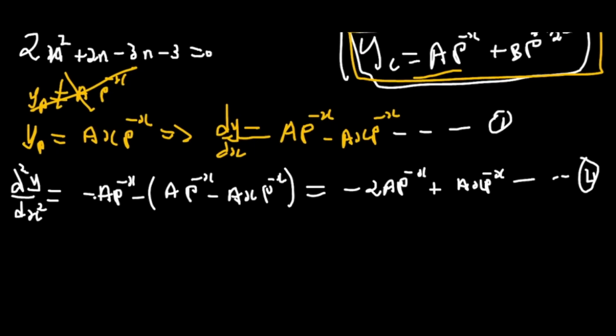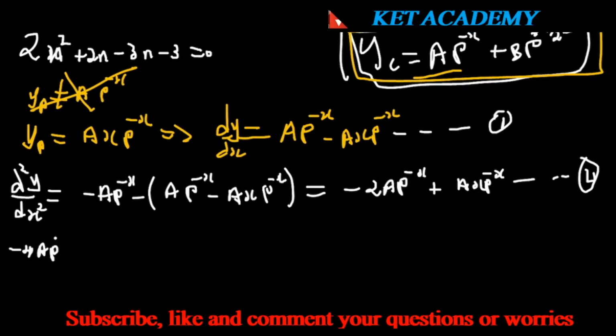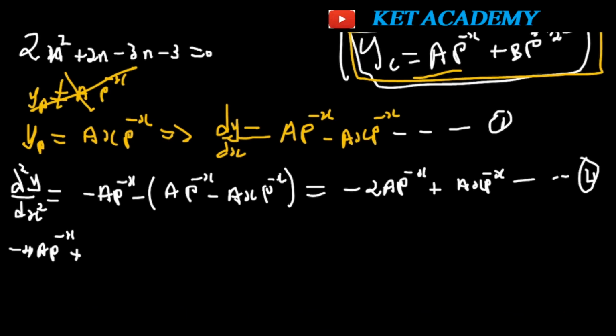So we're going to multiply 2 times all of this, so it will simply be minus 4a e to the minus x. So we're multiplying by 2, plus 2a x e to the minus x.